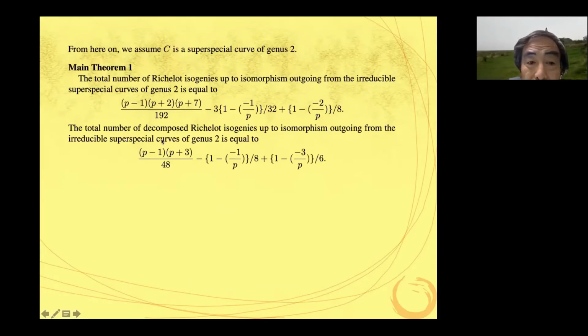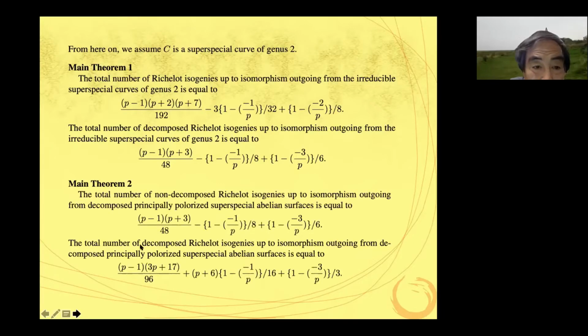And also the total number of decomposed Richelot isogenies up to isomorphism outgoing from irreducible superspecial curves of genus 2 is equal to this. This is the number of decomposed Richelot isogenies, and this is the number of non-decomposed Richelot isogenies.